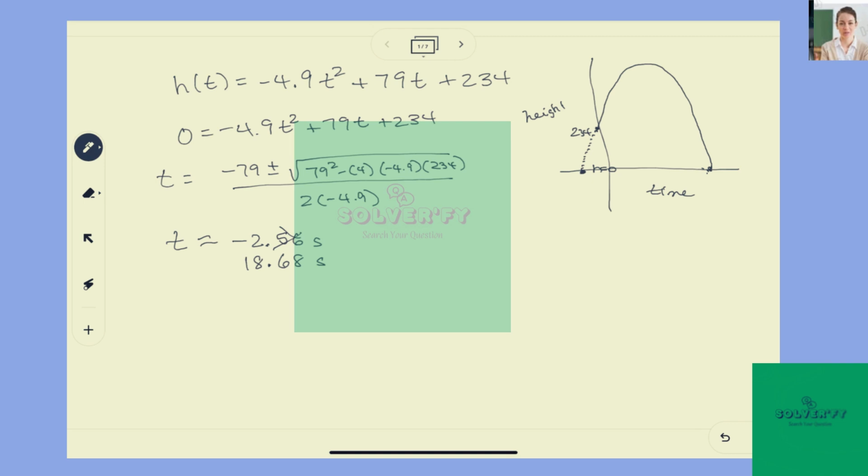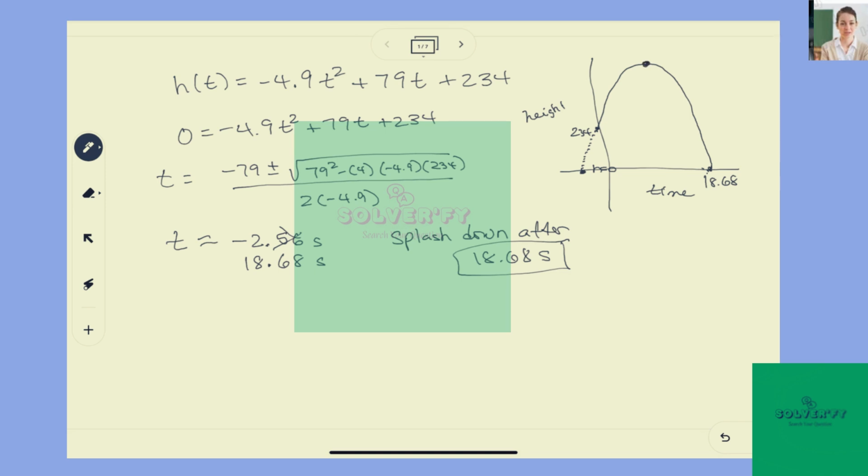But the time we're interested in is this one, 18.68. So the answer to that first one, splashdown after 18.68 seconds.